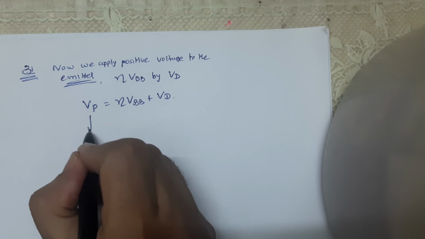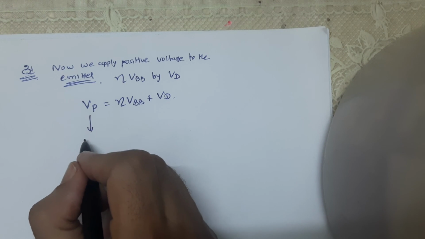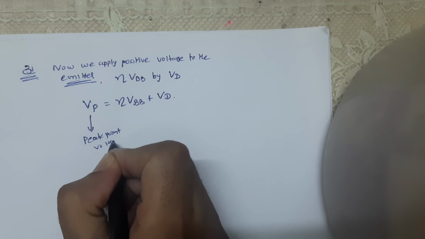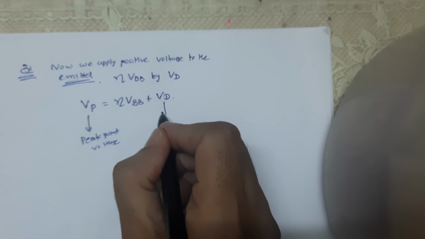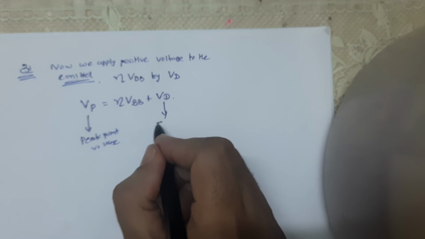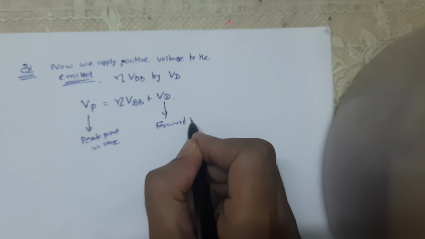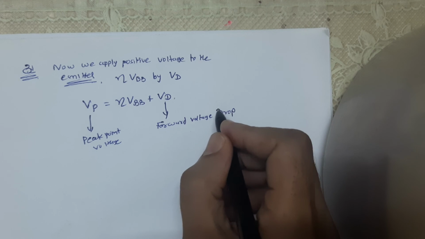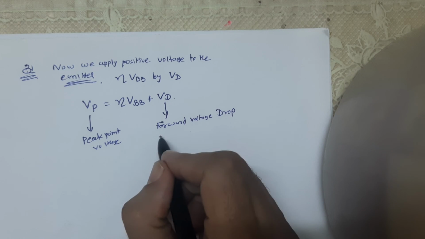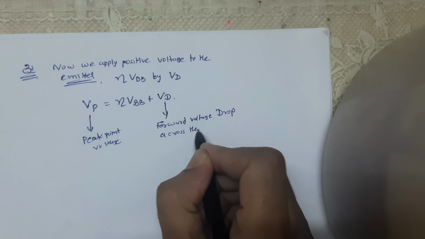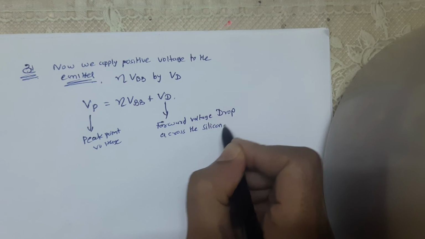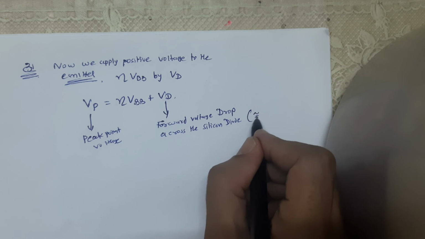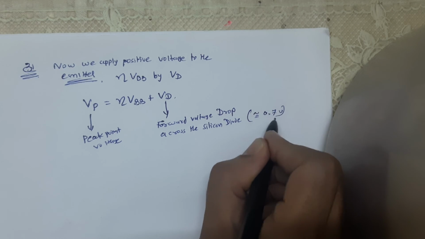Here, Vp is known as the peak point voltage. VD is our forward voltage drop across the silicon diode. You know that when it is switched on, it is nearly equal to 0.7 volt.